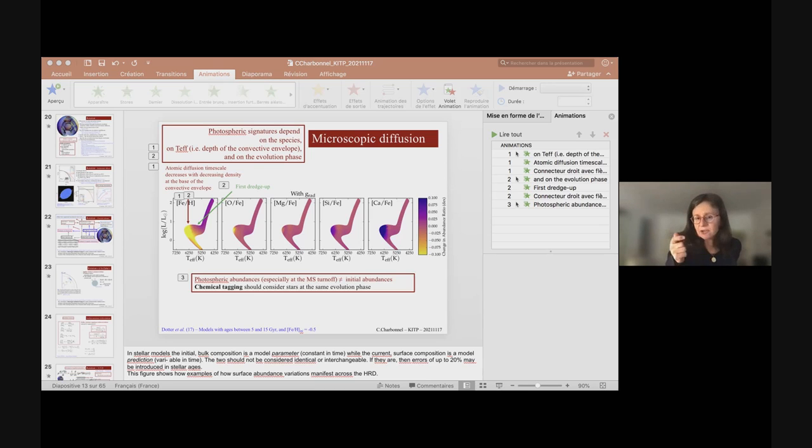And there is a tracer of the occurrence of the internal gravity waves, which is, from my point of view, the lithium dip. So when you look at lithium as a function of effective temperature in open clusters like the Hyades, you see that in cool stars, the lithium is depleted, then there is kind of a plateau. And at a temperature above 6,700, you have a dip of lithium.